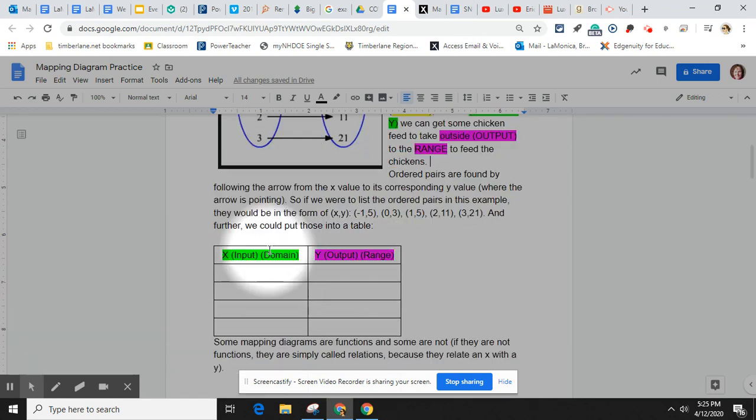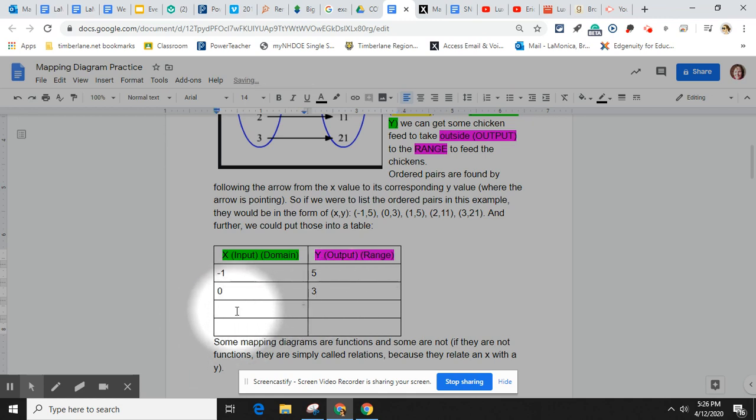The next thing you can do with those values is put them in an XY table. We've seen these before, right? In last week's assignment, we had XY tables. The X would be the domain. The first X would be -1, and its corresponding Y would be, what? 5, you guessed it. The next one would be 0, and its corresponding Y value would be 3.